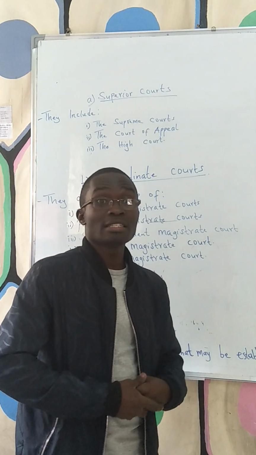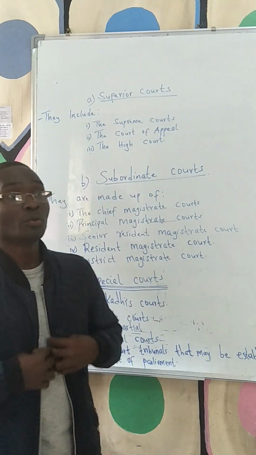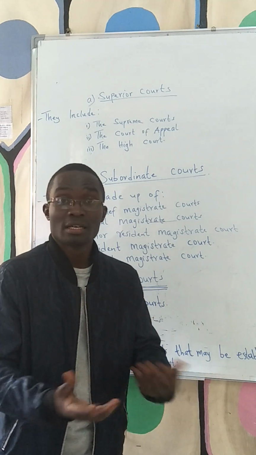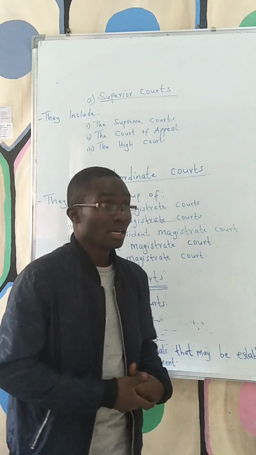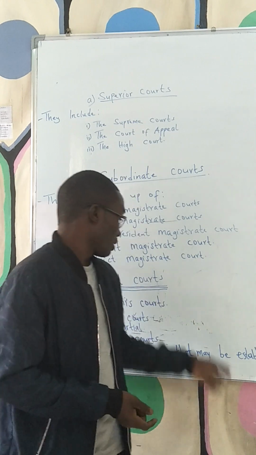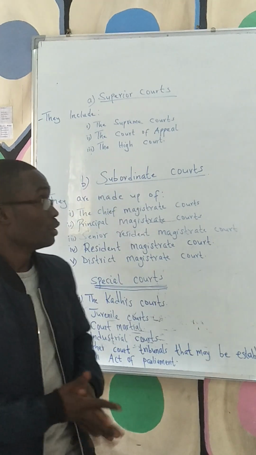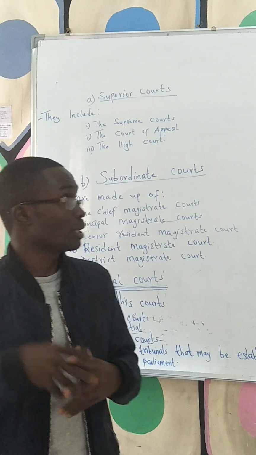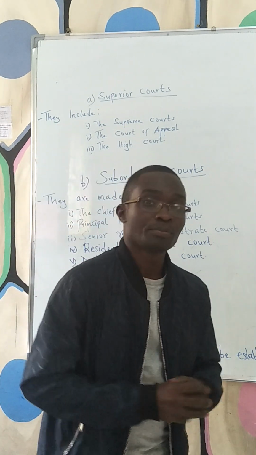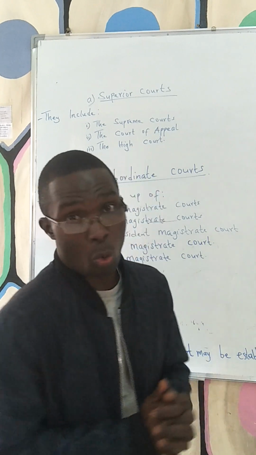The president may create a tribunal which will investigate something which was done or violated, and that's by an Act of Parliament. So the judiciary's main function is to punish lawbreakers and interpret the law.